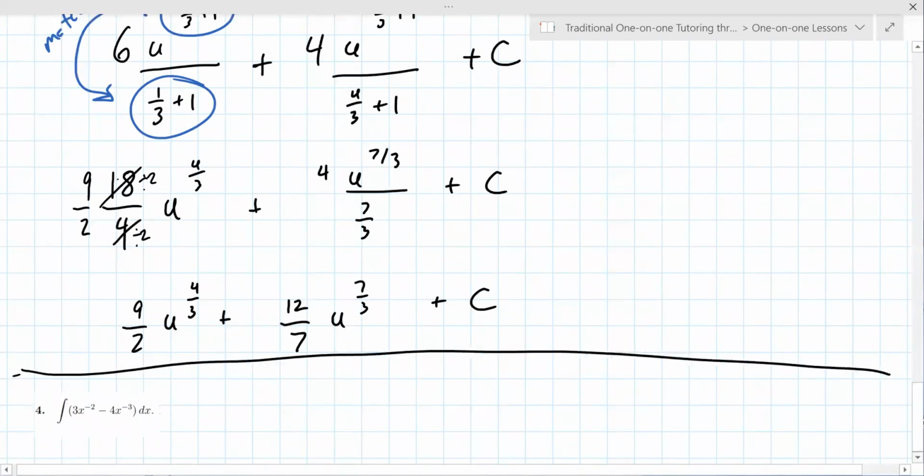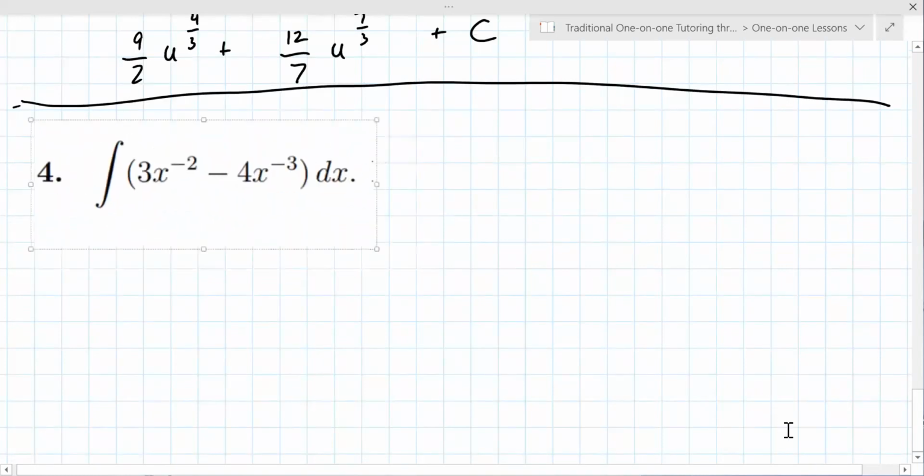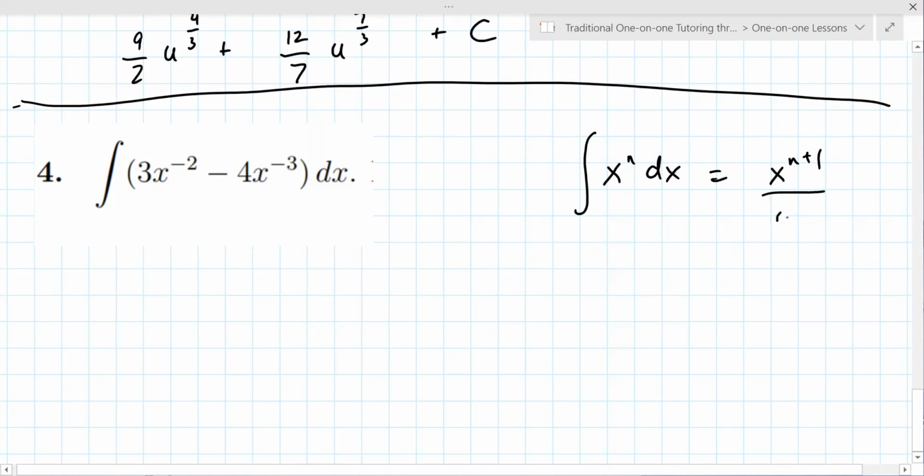negative exponents are also going to appear in some of these problems. But it's still the same rule. You add one to the exponent, so it's x to the n plus 1 over n plus 1, whatever the new exponent is, plus c.